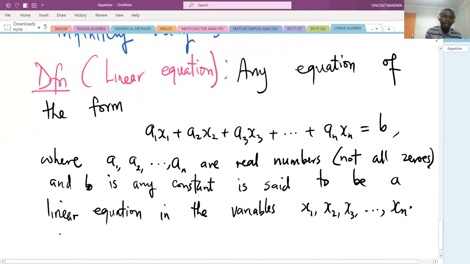And the numbers a1, a2, a3 up to an are called coefficients.